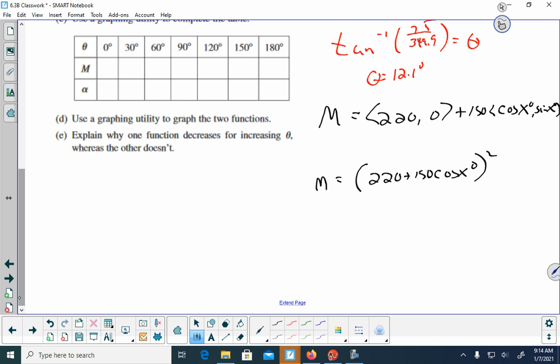And then this is going to be 0 plus 150 times the sine of x, squared. And then I'm going to find the square root of that.